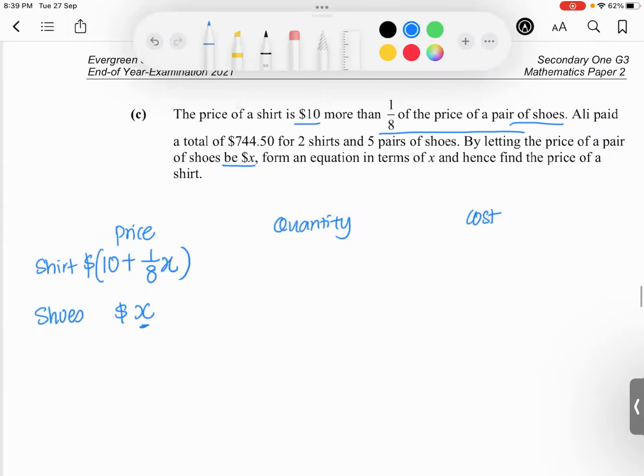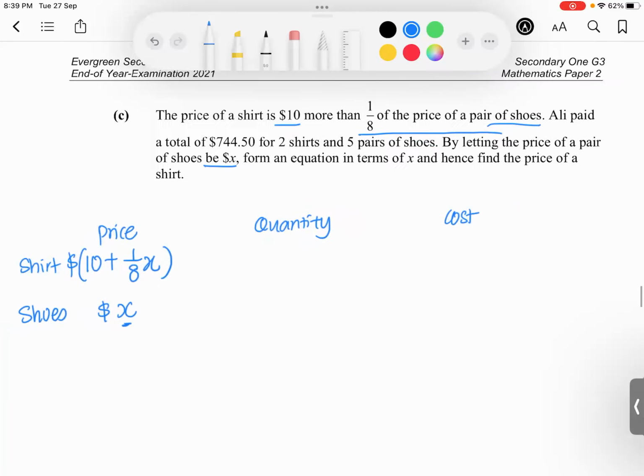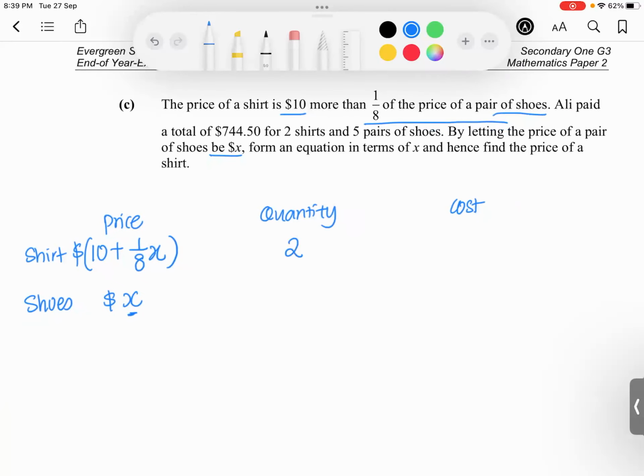Then Ali paid a total for 2 shirts and 5 pairs of shoes. So I take price multiplied by quantity to give me the cost. In this case, 2 times the whole of 10 plus 1/8 x. Expand out, I will have 5 plus 1/4 of my x.